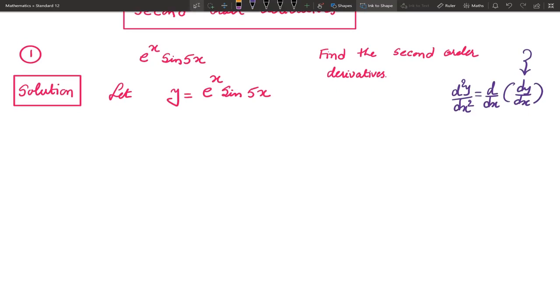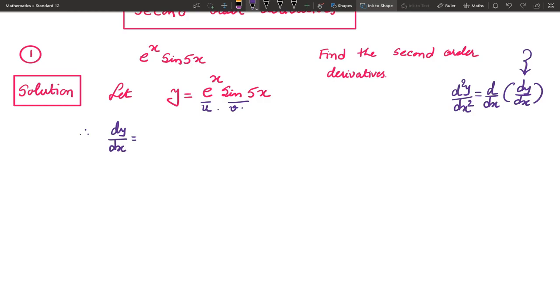So dy by dx, therefore. Now the right hand side is in u into v form, so we have to use the product rule: u into derivative of v plus v into derivative of u.